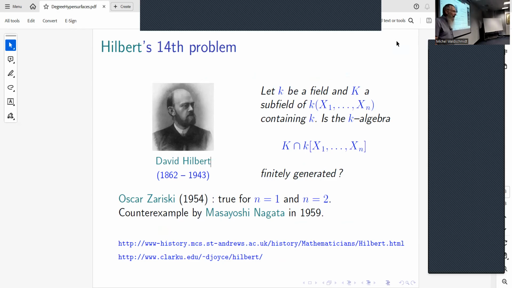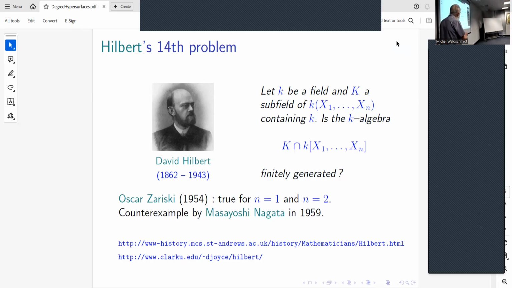Why did Nagata study this problem? He studied this problem because of Hilbert's 14th problem. You may know that Hilbert asked a series of problems at the International Congress of Mathematicians in Paris in 1900. There were 23 problems, and the statement of the 14th is: let k be a field and capital K the field of rational fractions in n variables over small k.